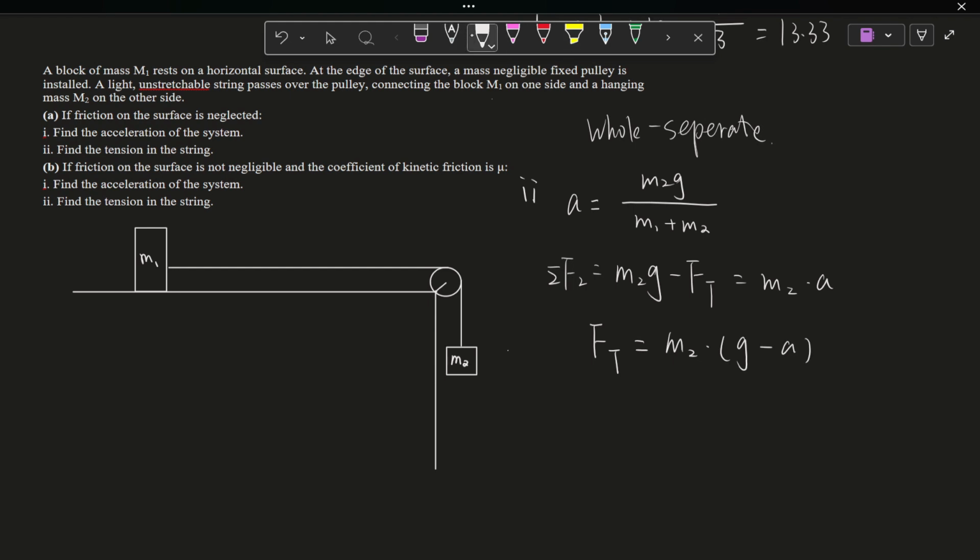And then you can plug the acceleration into here. You will get Ft equals m2g times 1 minus m2 over m1 plus m2. This is your answer.